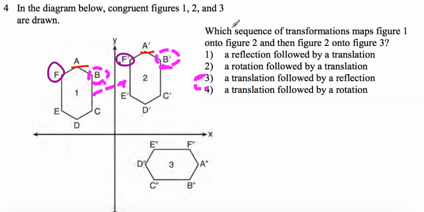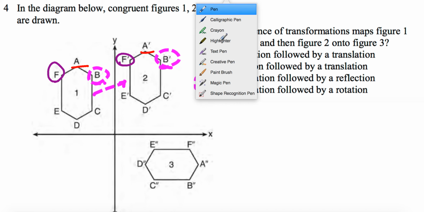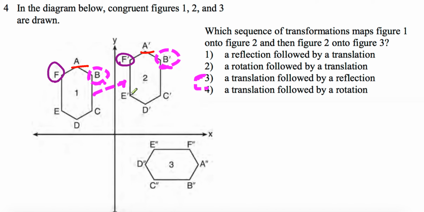Let me try to draw a couple of line segments here for you. So E rotated from here to here. Let us see if that will be the same rotation for another angle as well. How about D? D went from here to here. And then I'm going to try to move this one back and see if it matches.